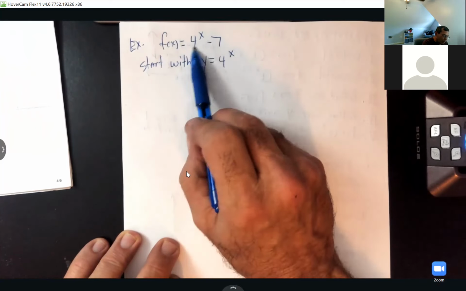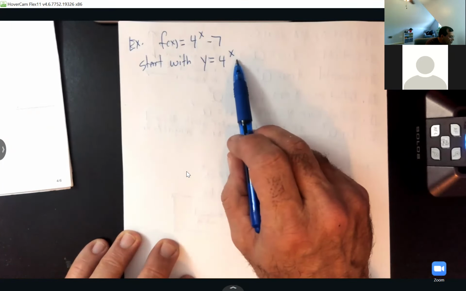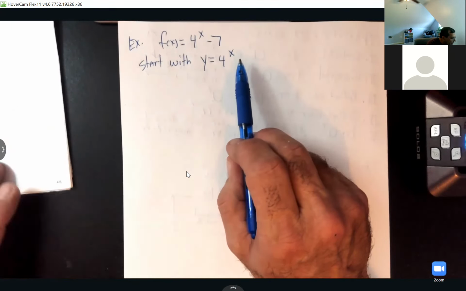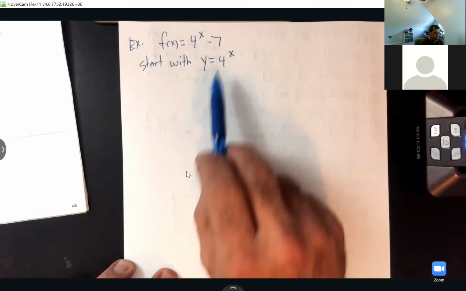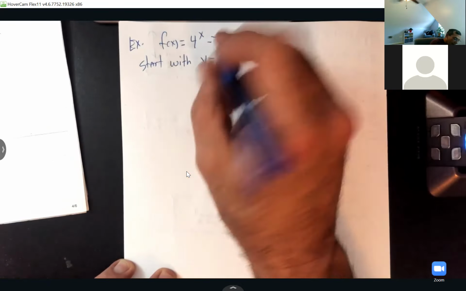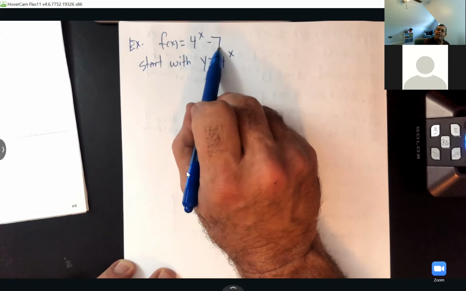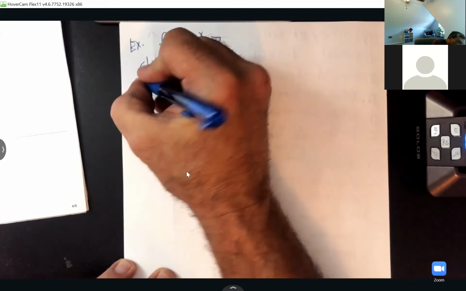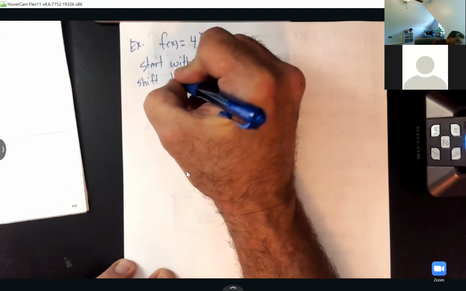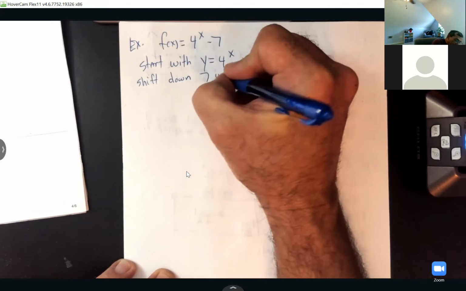So you're always going to start with your base. Now remember, once again, MathLab puts the x's on here for you, so you just put in the 4. Now that -7 is at the end. So we said a while ago, if our b at the end was negative, it's going to move me down. So this would shift down 7 units.